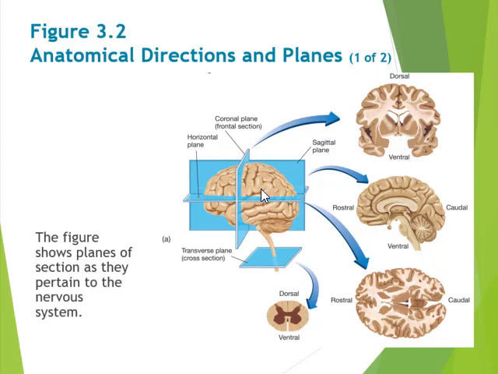We here have a three-dimensional brain with a coronal plane going across from the dorsal surface to the ventral surface. We have a horizontal plane which cuts the brain into top and bottom halves. And we have a sagittal plane that cuts the brain into right and left halves. So here we're only able to see the left side, right?